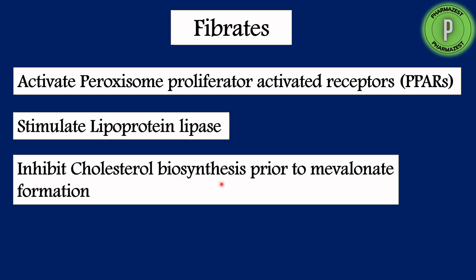They also inhibit cholesterol biosynthesis prior to the mevalonate formation. That means they also have an effect in the biosynthetic pathway of cholesterol. So the fibrates' mechanism of action is activating the peroxisome proliferator activated receptors, stimulating the lipoprotein lipase, and inhibiting the cholesterol synthetic pathway.